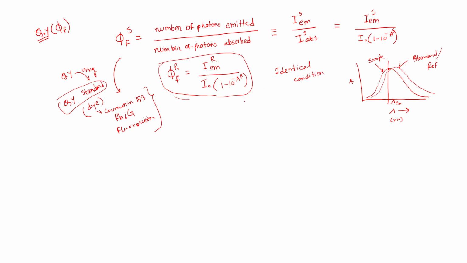So for your assignment 1, I think phi of R is already given and these all are given, only you need to get the I0 from there and put that here, or you can just do a ratio. You will get I emission is 1 minus 10 to the power minus A of sample into 1 minus 10 to the power minus A of reference and the different I of your I emission of your reference.